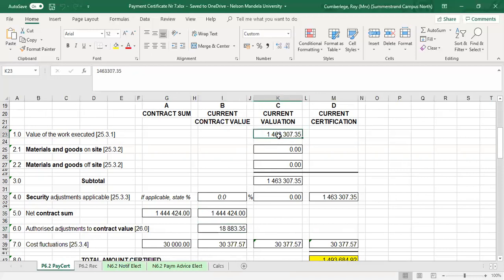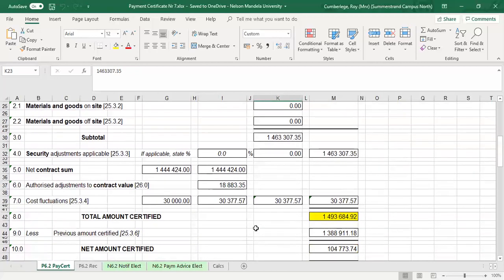We take the final net figure less the original contract sum, and that gives me my difference. In this case, it's an extra of 18,000 odd rand. So if we add up the two figures, that must give me my net final value. This 1.463 million, you'll find on the final account summary page.